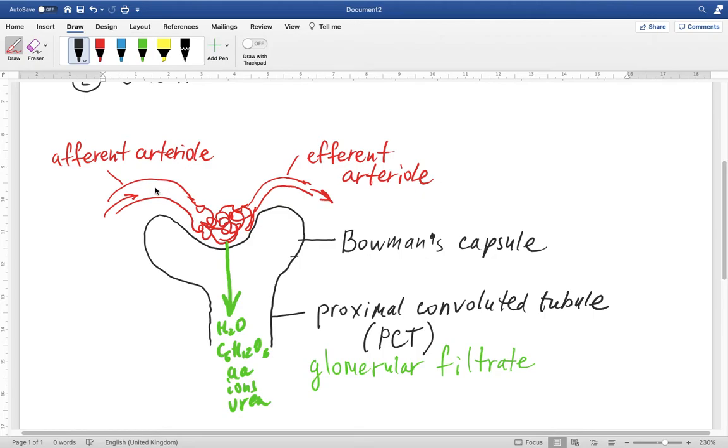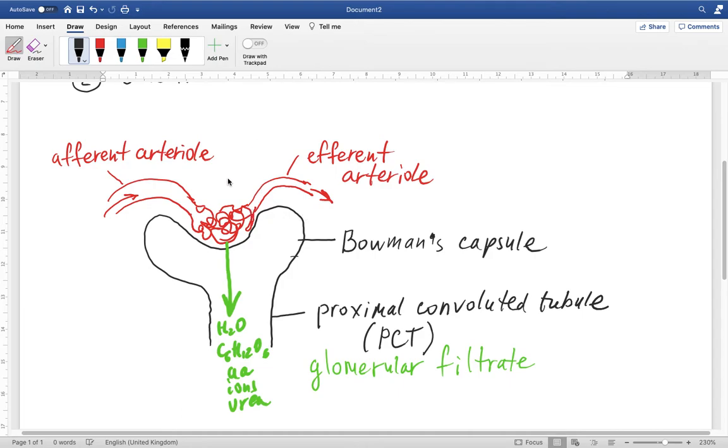So there's going to be a build-up of pressure, because some of these molecules have nowhere to go other than to be forced out and into the Bowman's capsule. So this is one force which is causing those molecules to get filtered out.